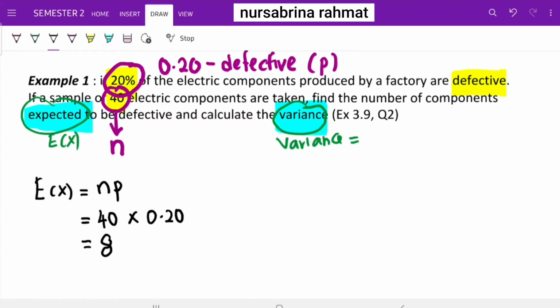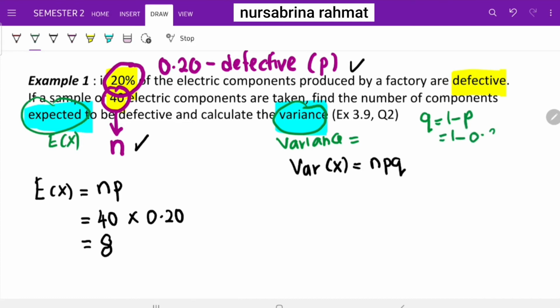What about the variance? The formula is npq. We have n and p, so we have to determine q. If you remember, q is simply 1 minus p, so 1 minus 0.20, which is 0.80.